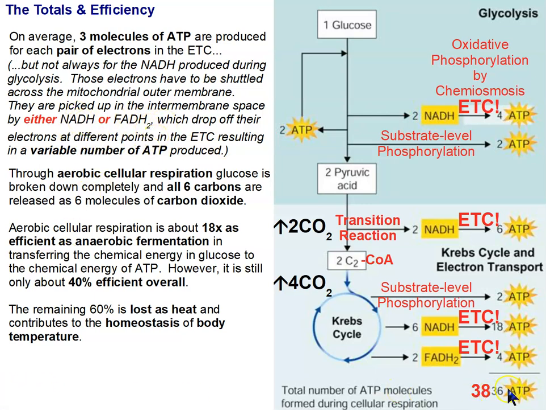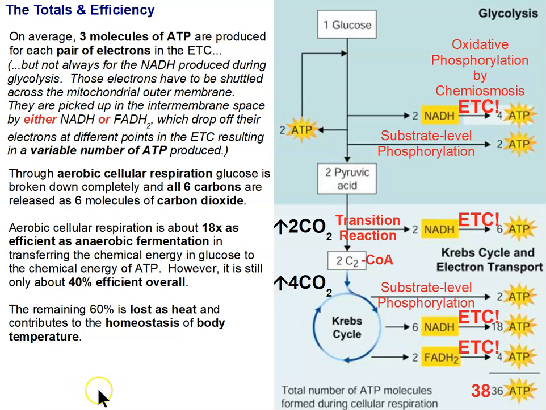So that's the reason for the discrepancy. What I'm giving you is the total possible maximum of 38. That's if the NADH from glycolysis is shuttled across the membrane as NADH and doesn't get swapped over to FADH2. But again, I just wanted to let you know that that's where the discrepancy comes from.